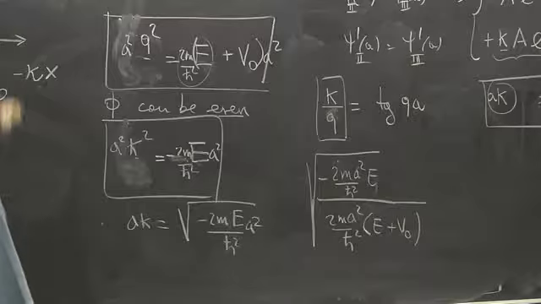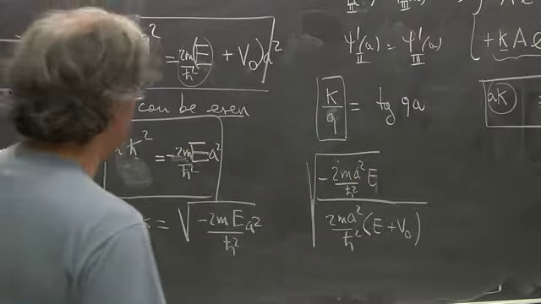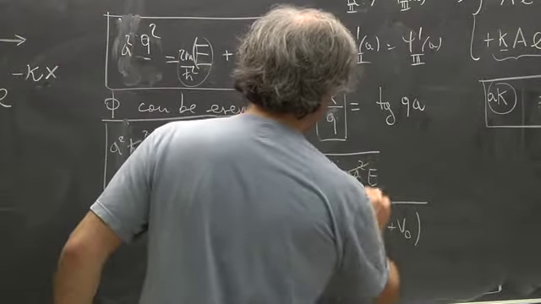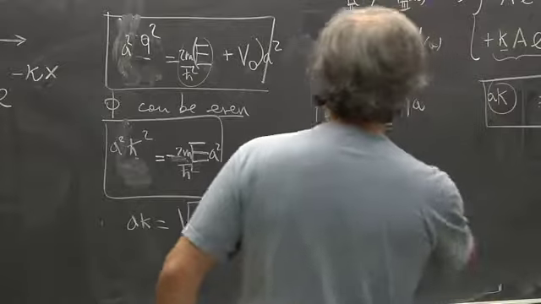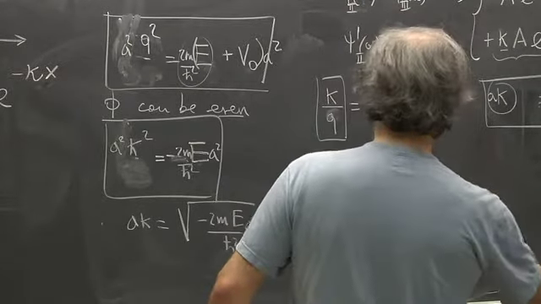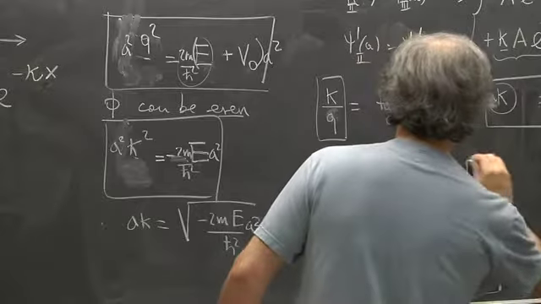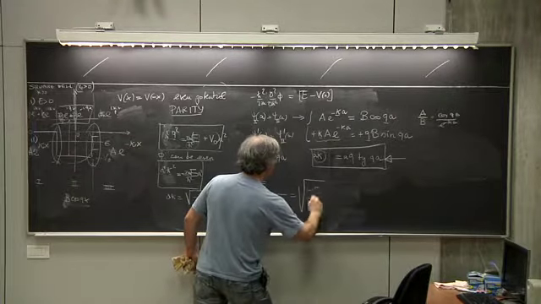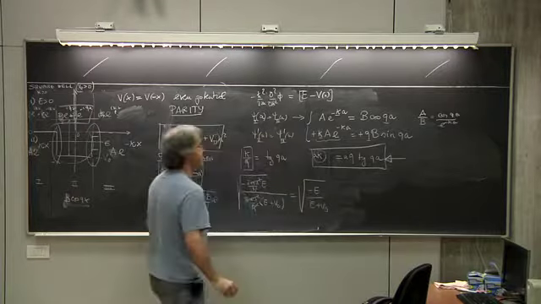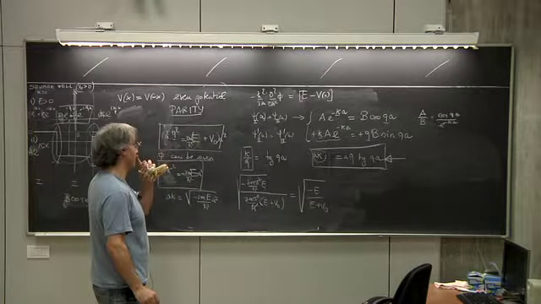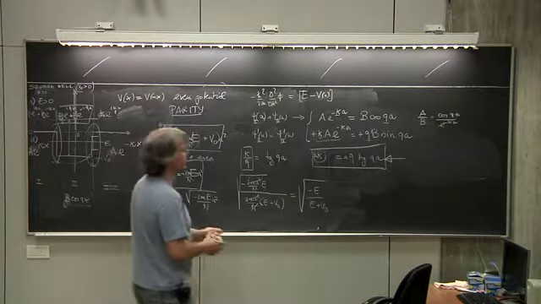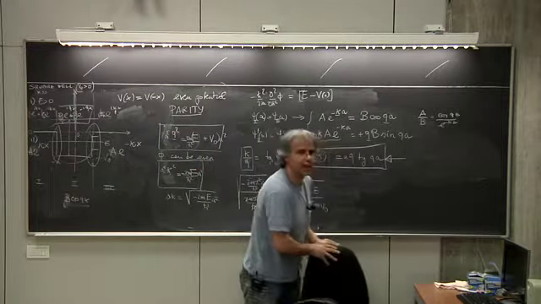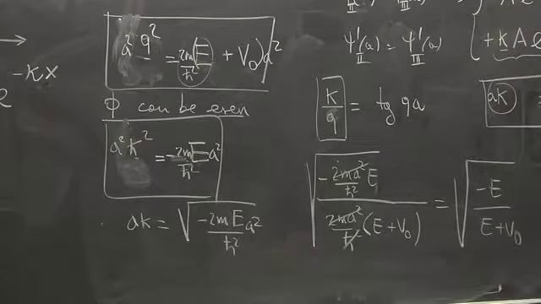Now you see that really all these objects are unneeded. They just make confusion, which is good. So this thing here on the left is equal to the square root of minus e divided by e plus v0. I think I'm making things more complicated than they should be, but this is always the case when you try to improvise something, which is good, however.